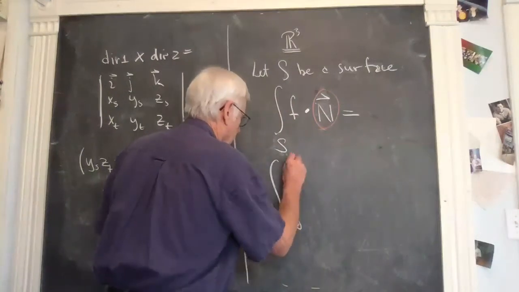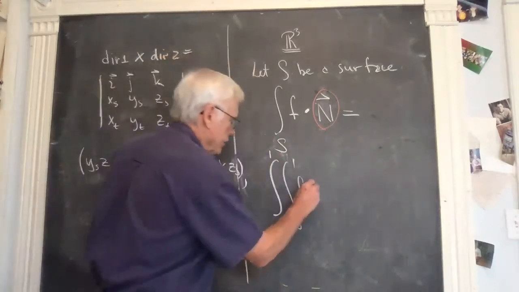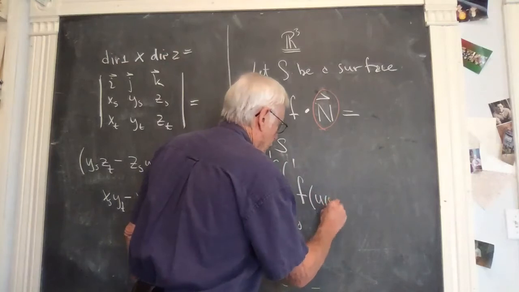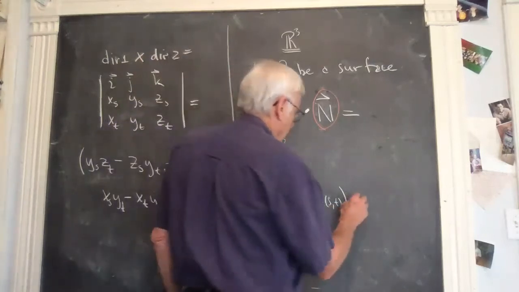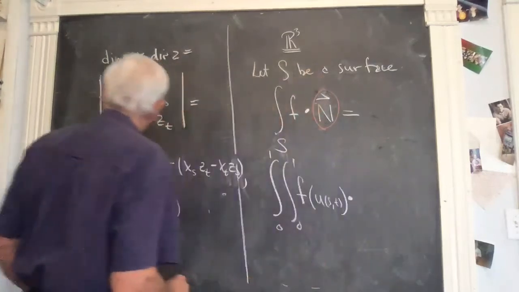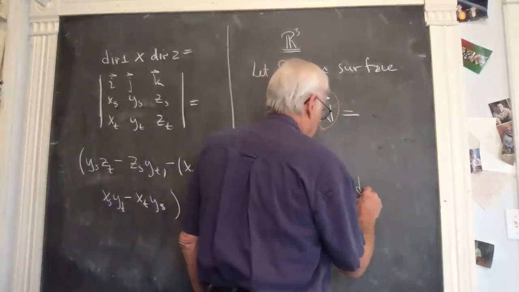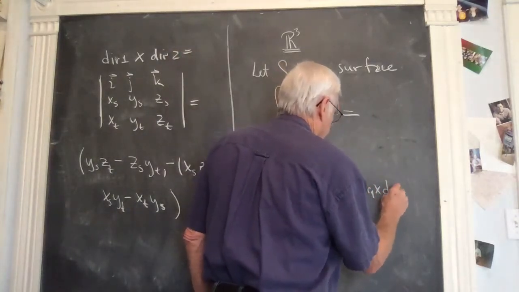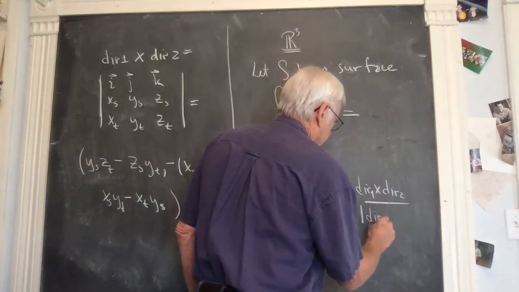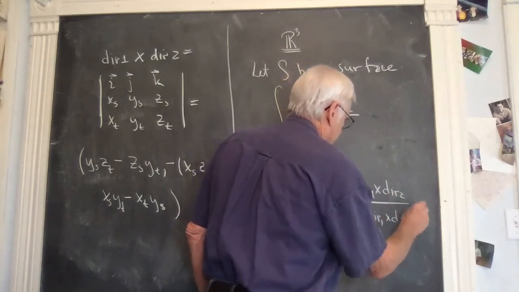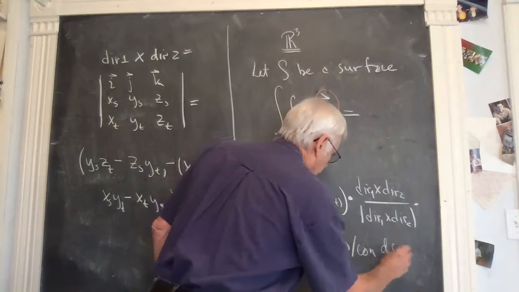So this will be the integral. s will go 0 to 1, t will go 0 to 1. This will be F of u of s and t, F of the parameterization that we have, dot this thing, dir1 cross dir2, which we've just computed, divided by the length of dir1 cross dir2, times the expansion contraction factor, ds dt.